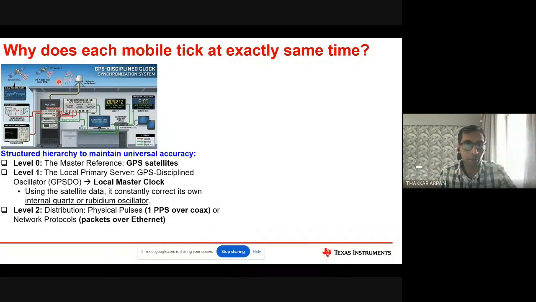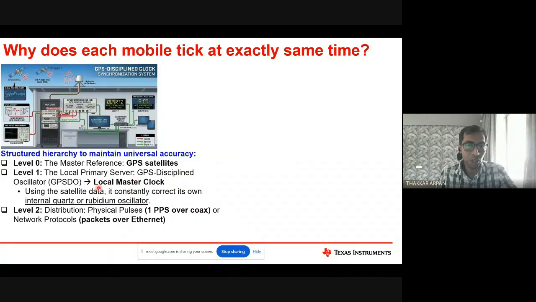So how it works is, first there is a GPS. After that, there is something called a local master clock. This master clock also has very good purity, but not as good as the GPS satellites, but still very good.